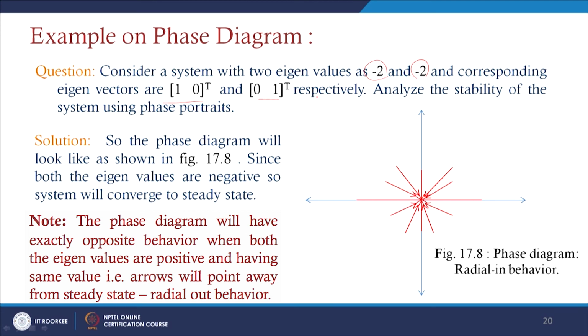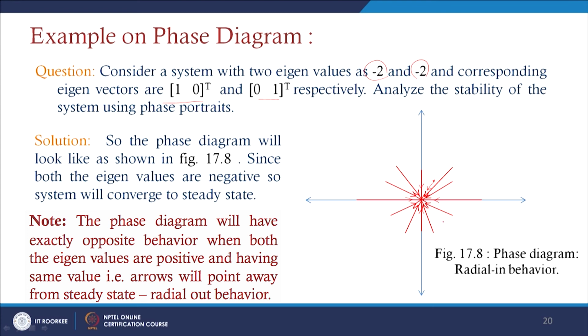Then the x axis and y axis are the eigenvectors. Along these axes, the values approach the origin, and any arbitrary point chosen in the close neighborhood of 0 0 will also point towards the origin.